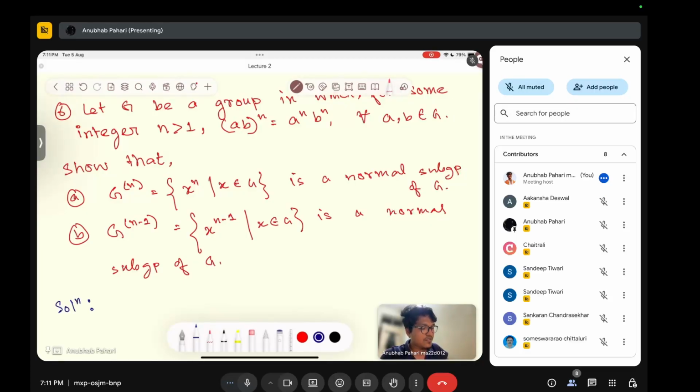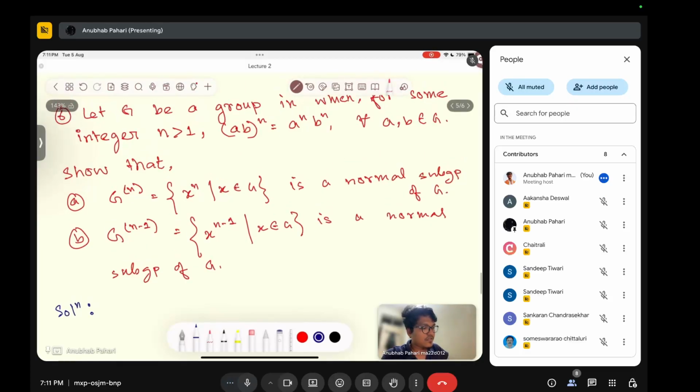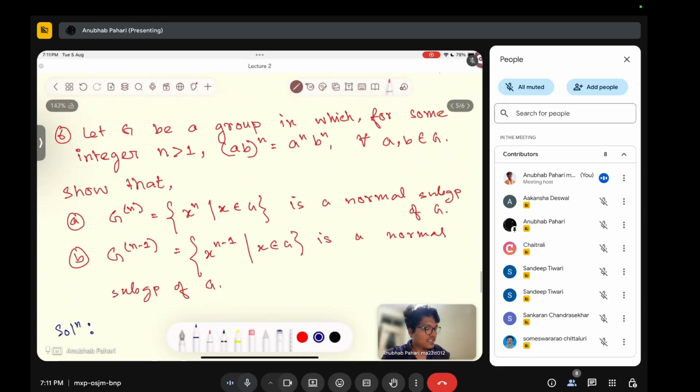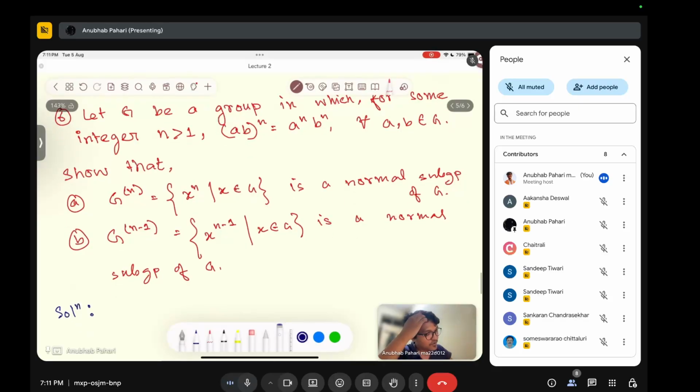Solution. So this is the given condition, right? So from here you can see that G^n is closed under multiplication, right?